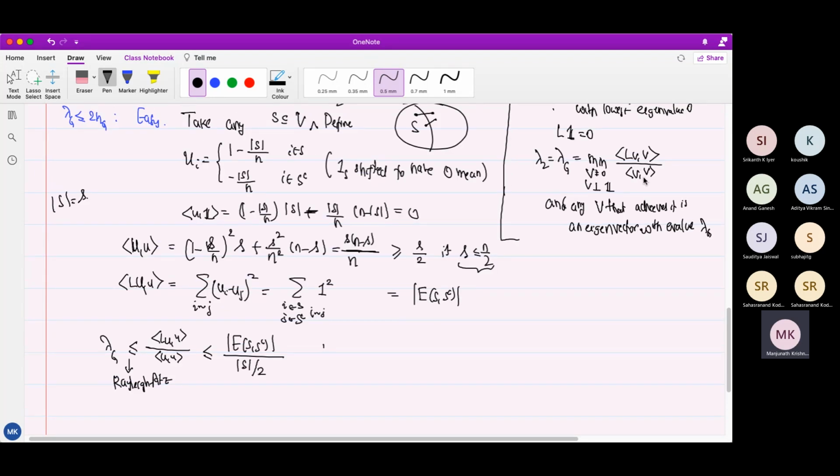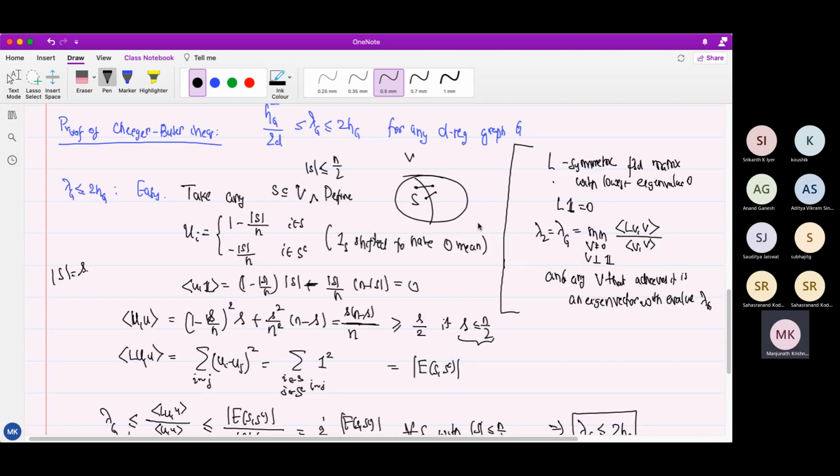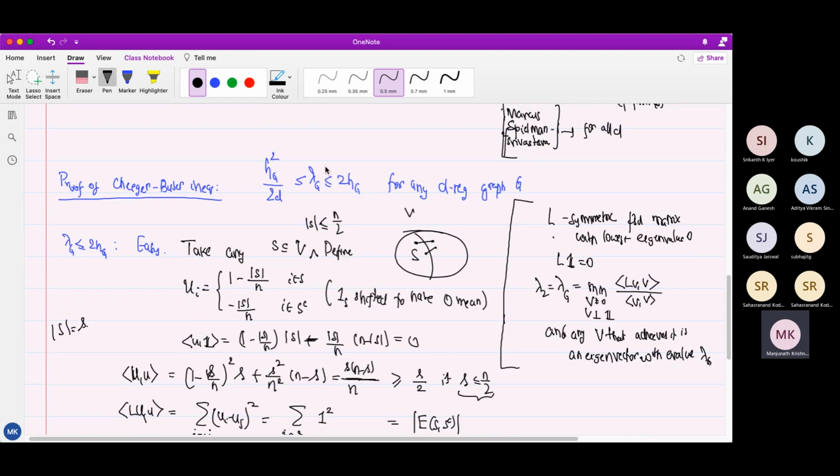For any vector, Lu inner product u over u inner product u is at least lambda G. So this gives this, which is 2 times, for all S with size at most n by 2. Minimize over all S, so all of them are bounded below. So hence, that's all. That's how we get the expansion inequality.